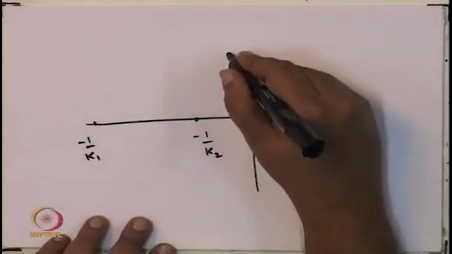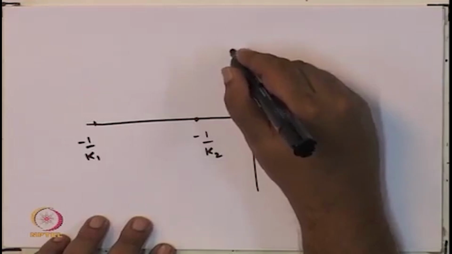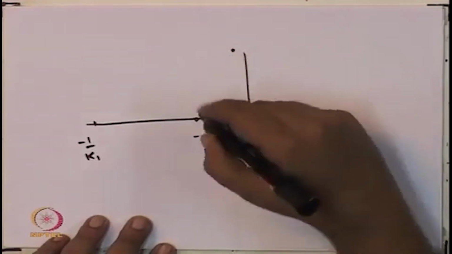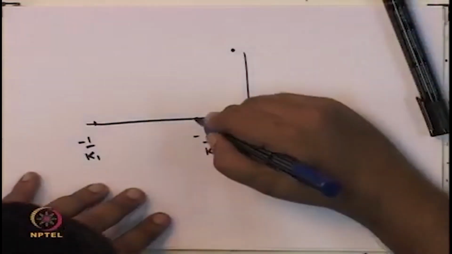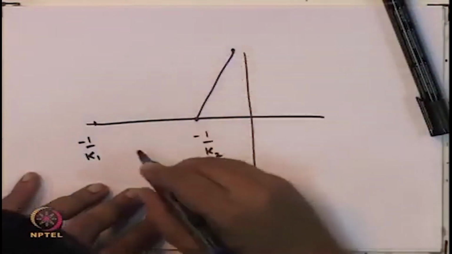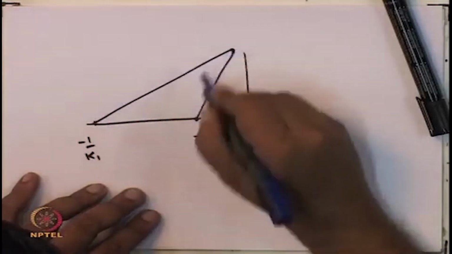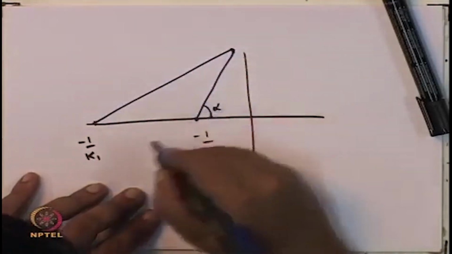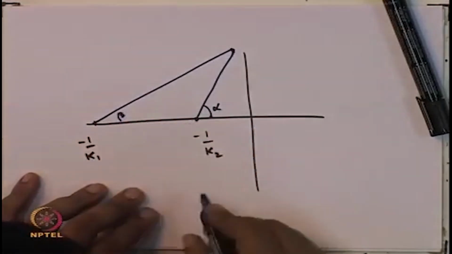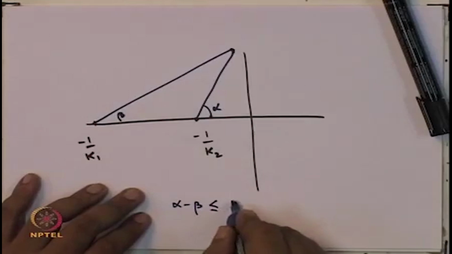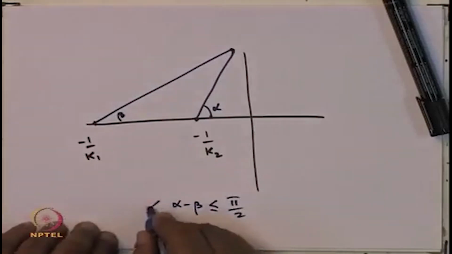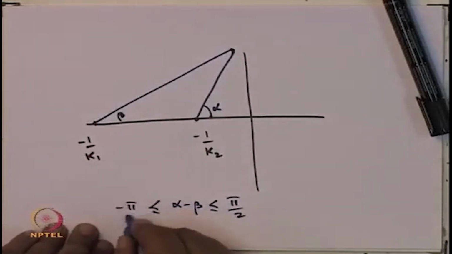So, if we are interested in, let us say, some point here, then what one does is we look at this vector and we look at this vector, look at this angle alpha, look at this angle beta, and we are saying that alpha minus beta should be less than or equal to pi by 2 and should be greater than or equal to minus pi by 2.